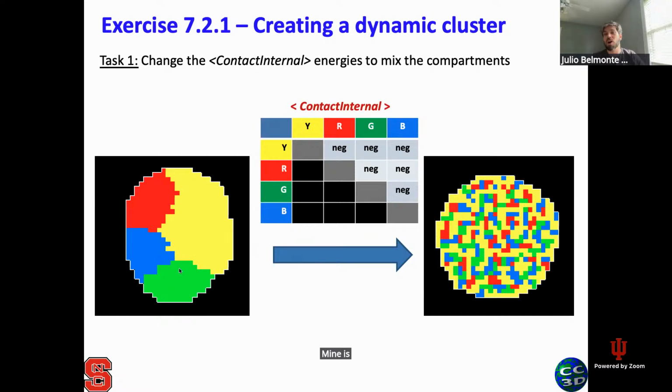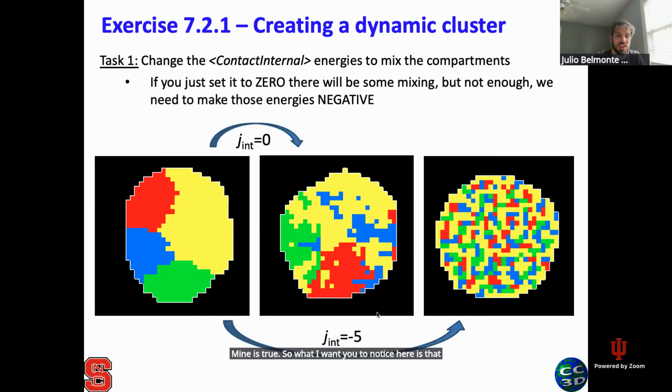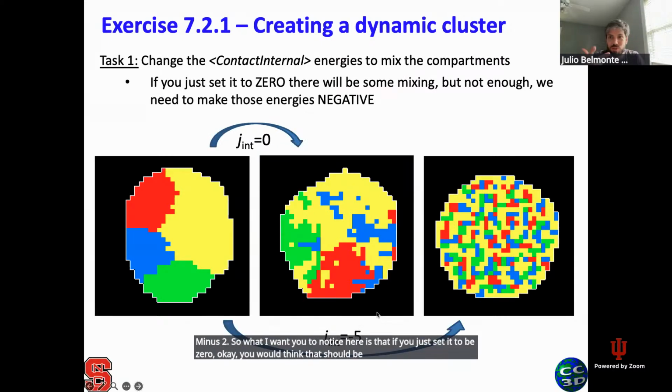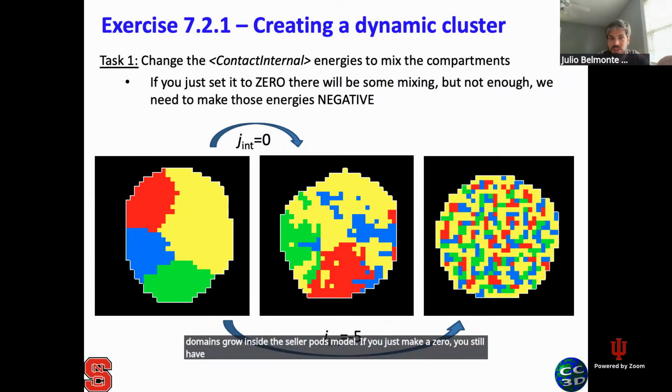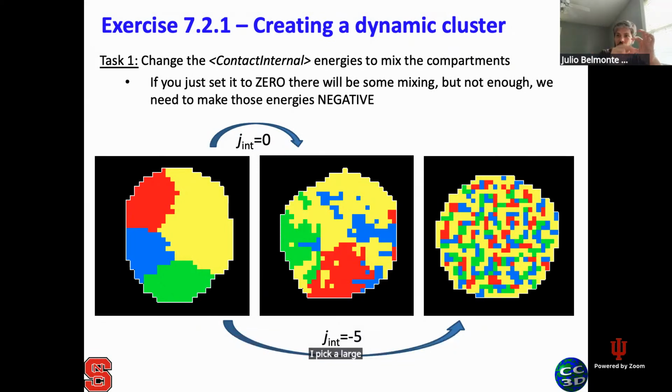Ildes also got it. What I want you to notice here is that if you just set it to be zero, you would think that should be enough to induce a mixed state inside the cell, but it's not, because of the way that the domains grow inside the cellular Potts model. If you just make it zero, you have a little bit of mixing. But remember that a lattice site can only grow by copying into the neighboring pixel.